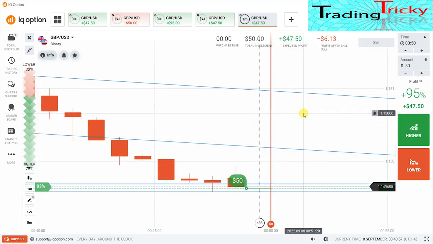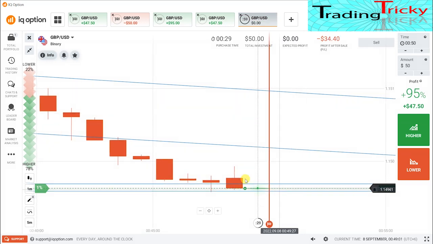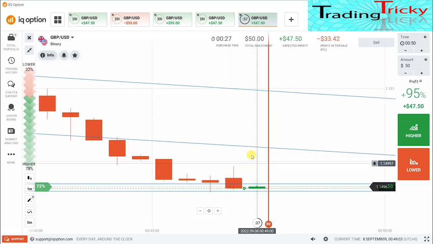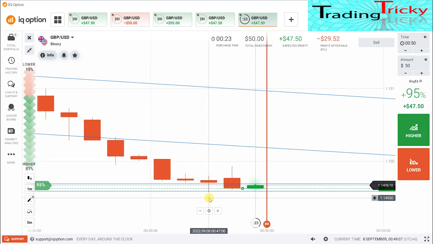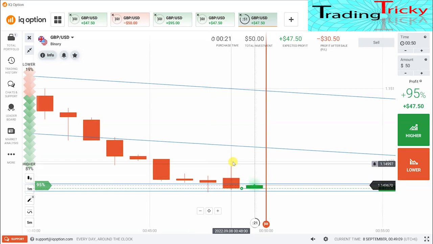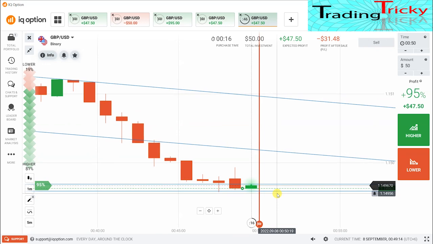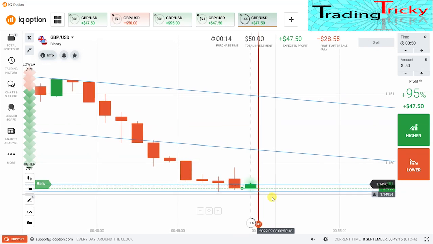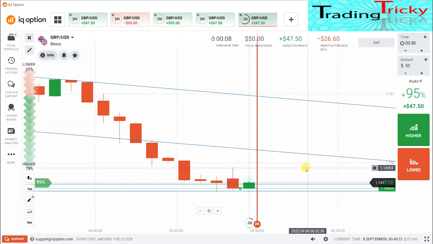Yes, I have placed a higher option for the next minute, because I have found some new high here. This is rejection by the buyers, and again some buyers entry. So after this candle we can expect buyers entry, and I think this is a good trade. Let's see what happened.